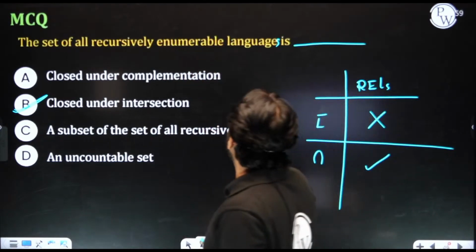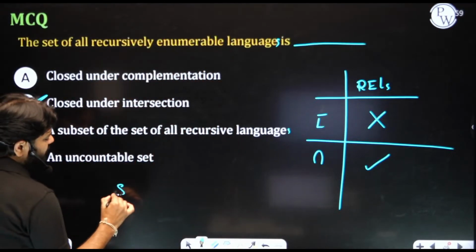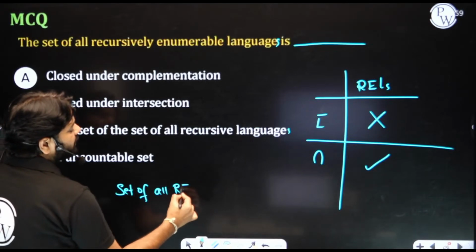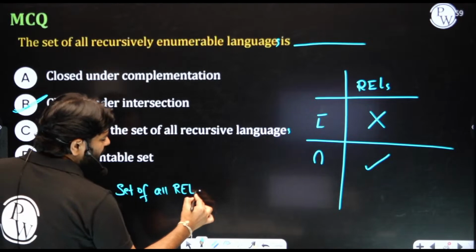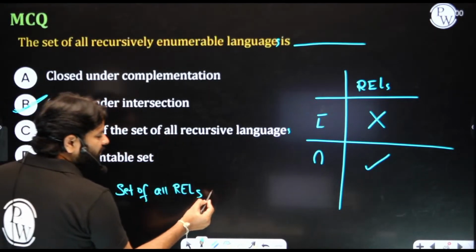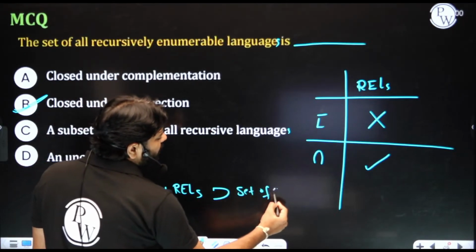Now you see that the set of all RELs, that is the type 0 class, is it a subset of or superset of? It is a superset of the set of all recursive languages.